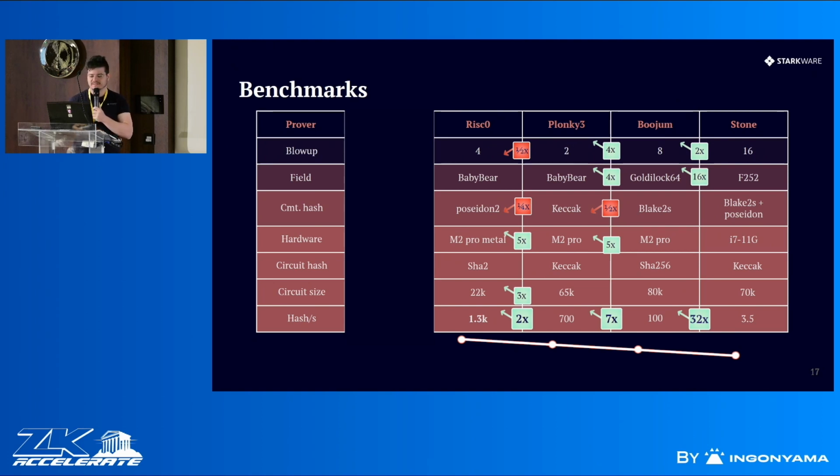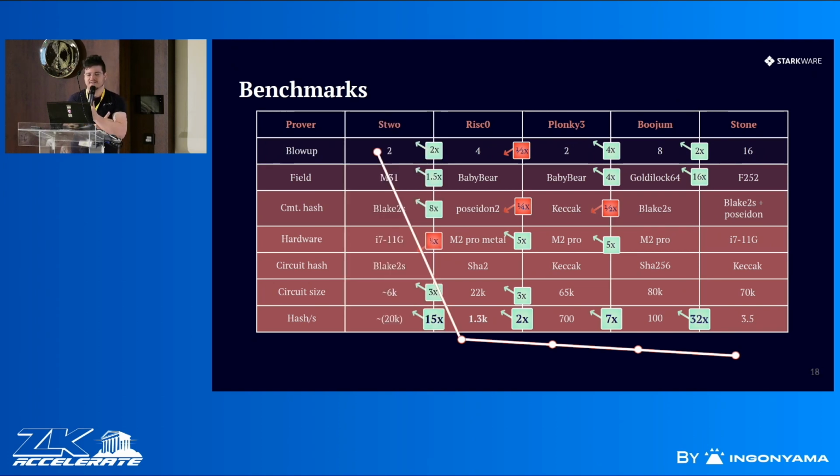All right, so now I'll show this. This is STWO. And take note that this is not publicly available yet, because we didn't publish the circuit yet. So these are my estimations on my laptop. First of all, note that we use a blow-up factor of 2, which is very small. We use M31 using Circle STARKs. We use Blake as the commitment hash, which means that the verifier will have a harder time.